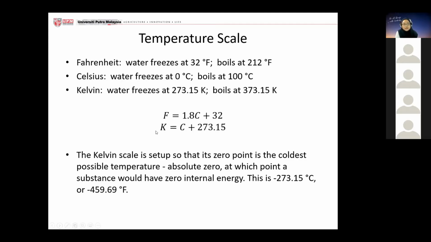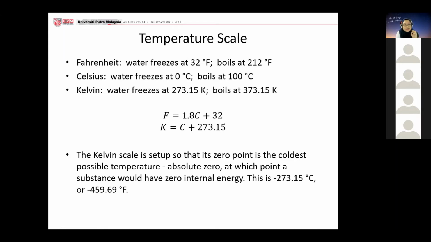Okay, so one more thing, zero temperature. Remember just now we talked about there's no actual measurement for temperature. The easiest way to imagine that is by imagining, is there a zero point temperature? Don't think about Celsius. Celsius 0 is water freezing, right?